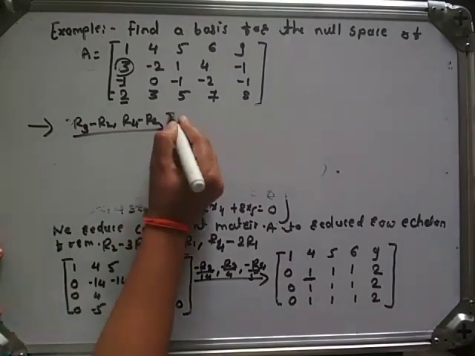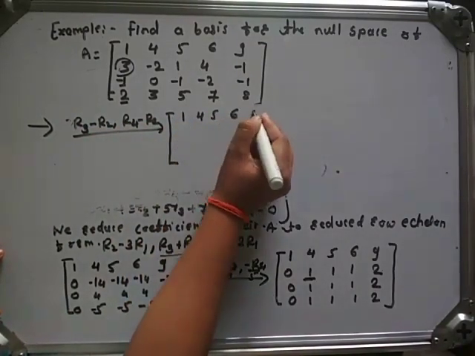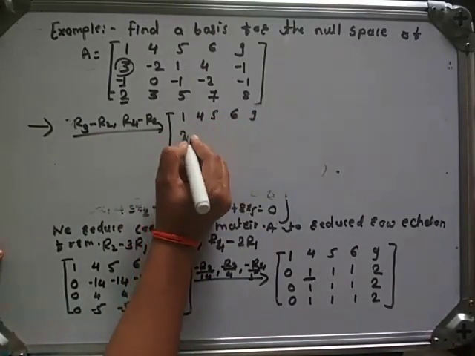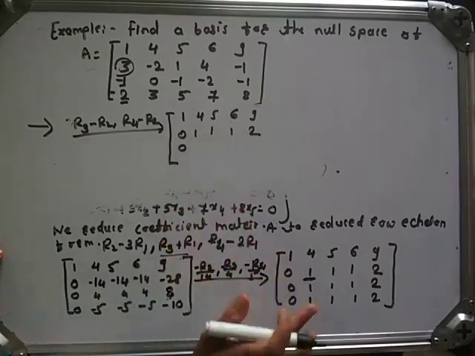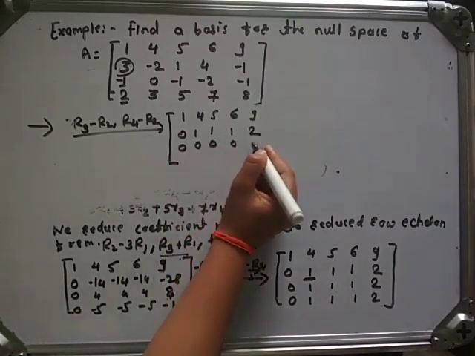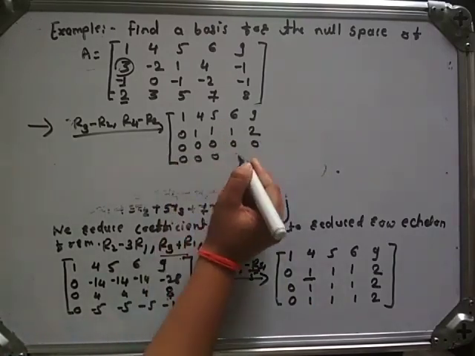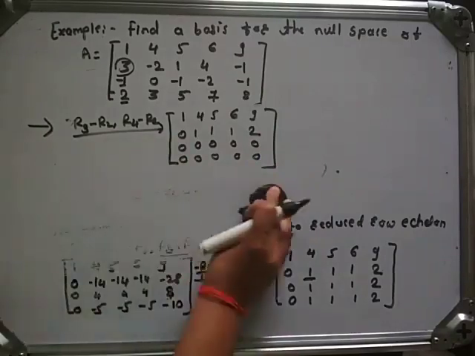So we will get the matrix 1, 4, 5, 6, 9; 0, 1, 1, 2. Here is 0, 1 minus 1 is 0. 1 minus 1, 0. 1 minus 1, 0. 2 minus 2 is 0. And again this fourth row is also 0, 0.